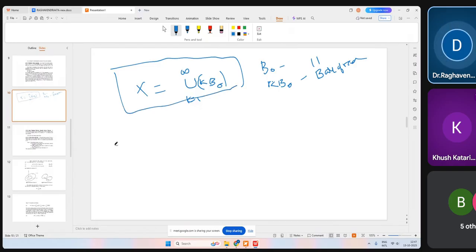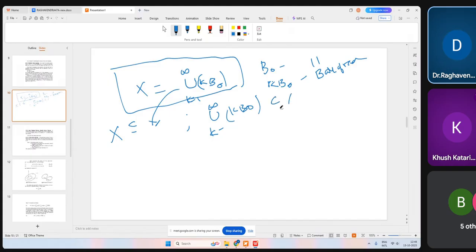We have to show that X is contained in this set. Second, you have to show that the union of KB0, K equal to 1 to infinity, is contained in X. This is obvious. It cannot go out of X anyway.